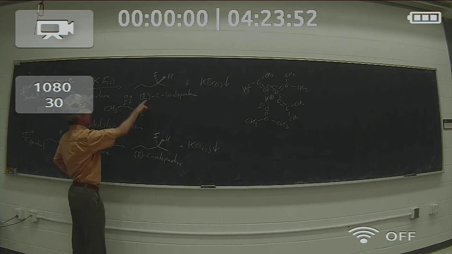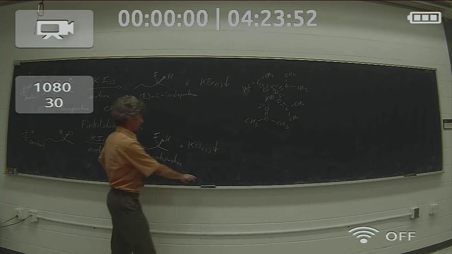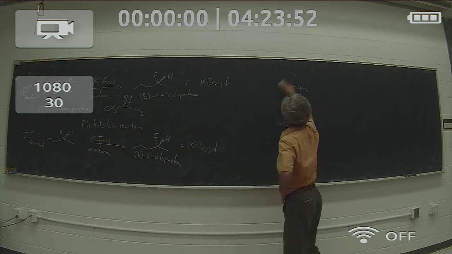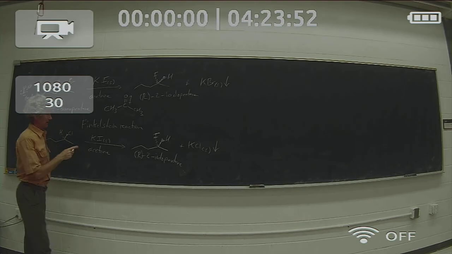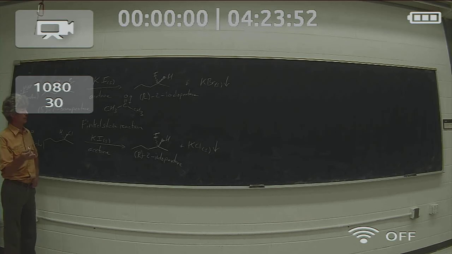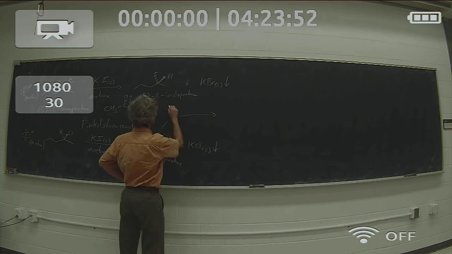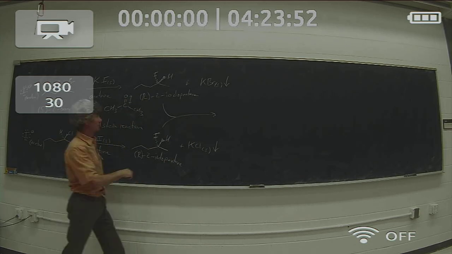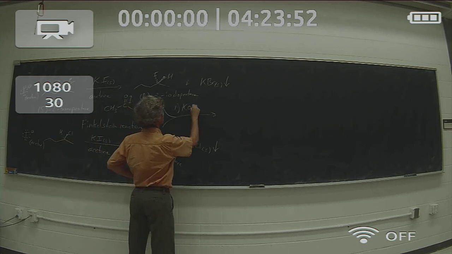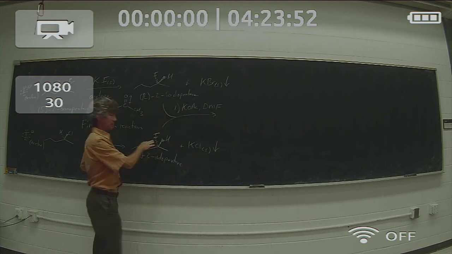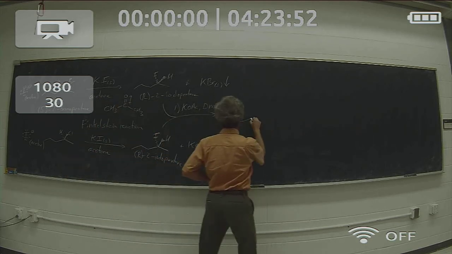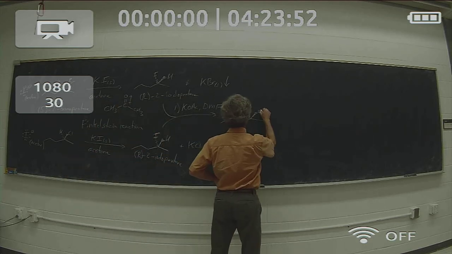Once we have the R-2-iodopentane, then it's just a matter of doing the same two steps that we did to create the R-2-pentanol from the S-2-iodopentane. So we would do the treatment with potassium acetate, DMF, to generate the S isomer of the acetate.